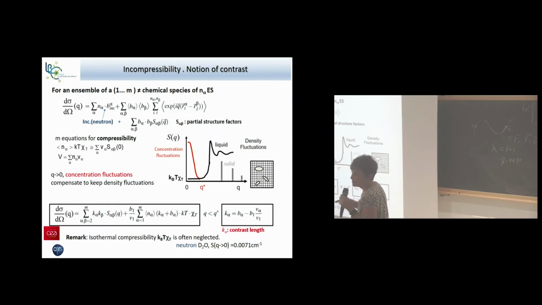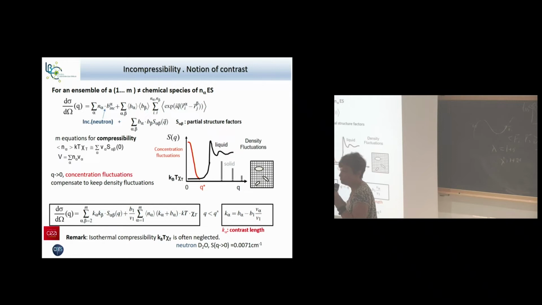Can you repeat the question? If the contrast is almost zero in X-ray? You cannot measure anything. The contrast is a prefactor of the scattering cross section. So the intensity is the contrast times the scattering function that you want to analyze. But if the contrast is zero, even if there is some organization in the sample, you are not able to measure it.